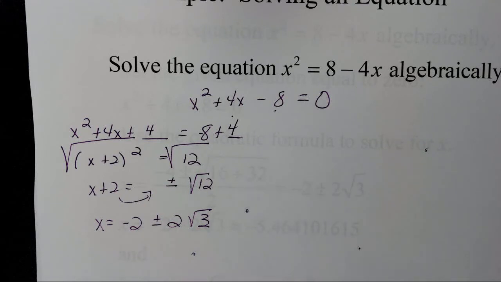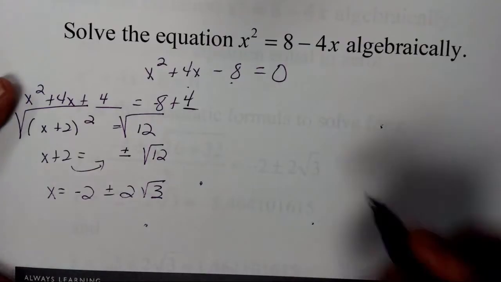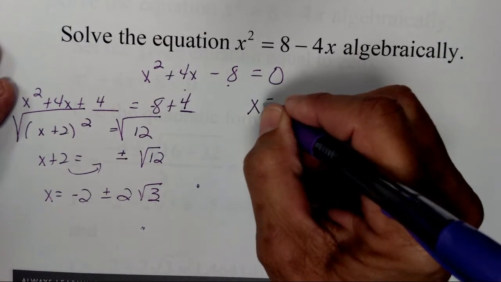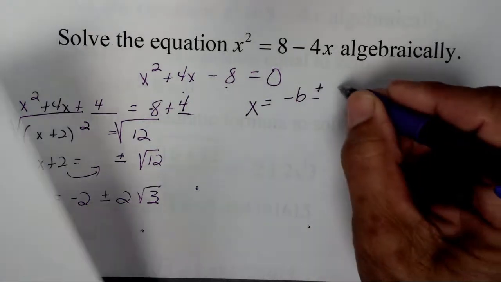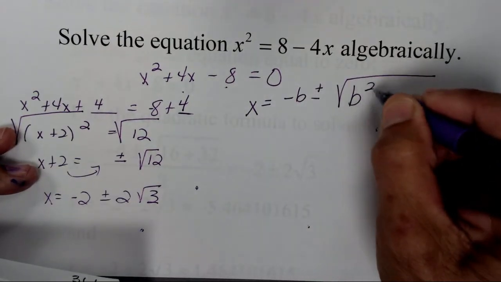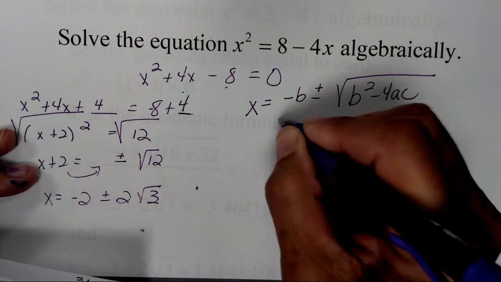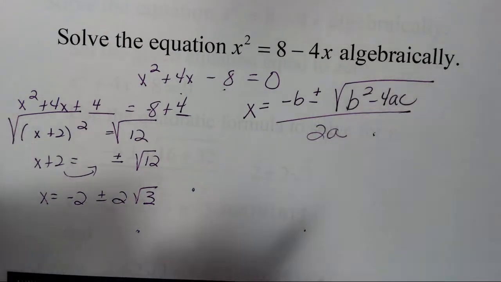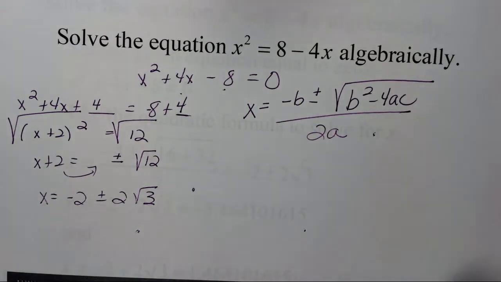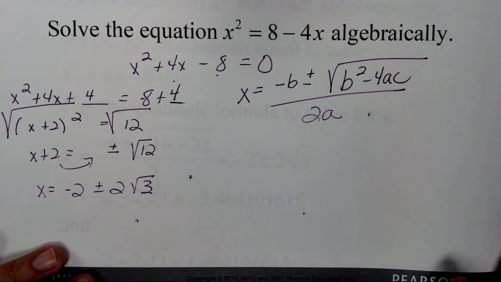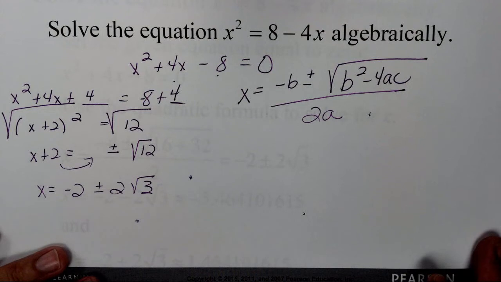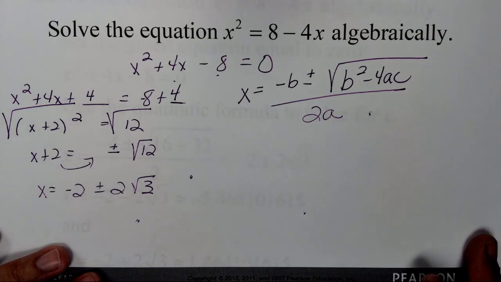Okay? Let's review quadratic formula. x is equal to -b plus or minus the square root of b squared minus 4ac, all over 2a. Okay? Y'all have to learn to sing with me. Don't be embarrassed. What's A? What's B? B is 4, and C is -8.